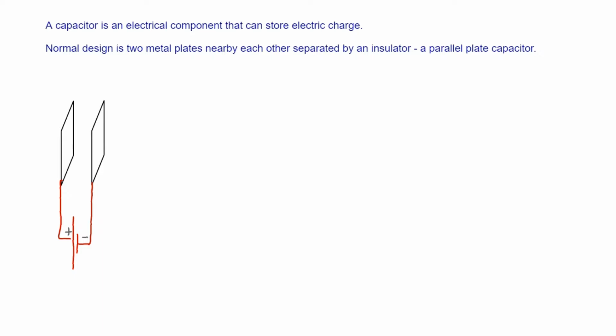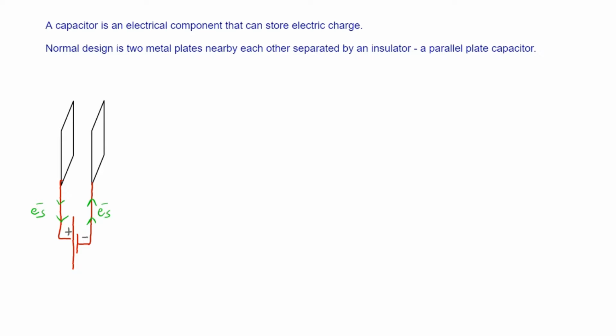But once we connect that power supply, electrons on the left-hand side plate are going to get attracted towards the positive terminal. And so there's going to be a flow of electrons away from that plate. And similarly, the negative terminal is going to push electrons onto the other plate.